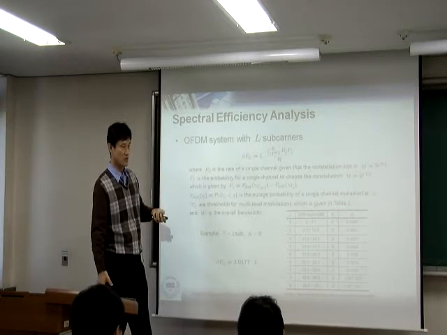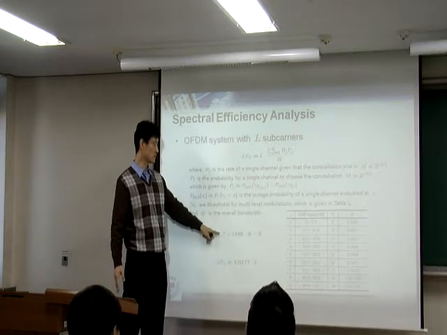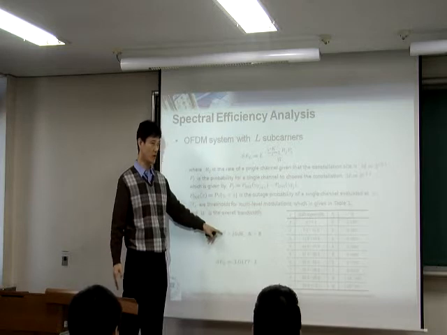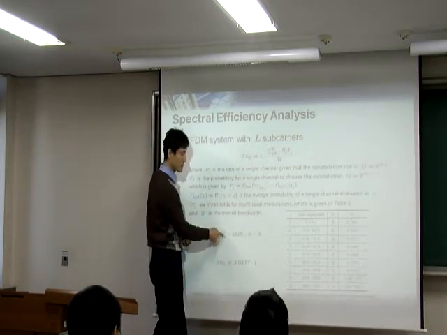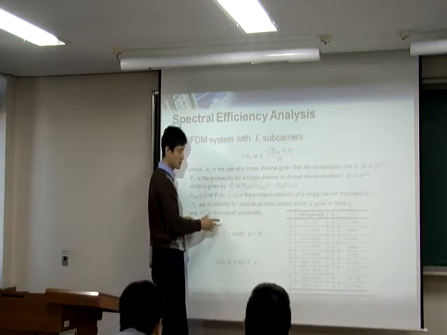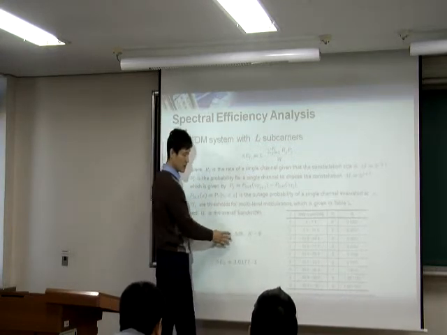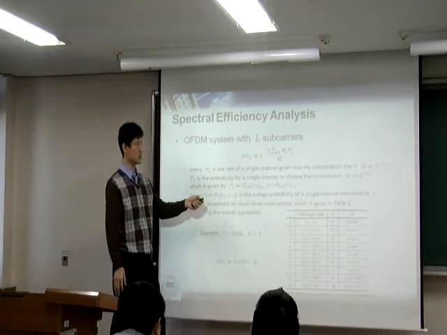A Rayleigh channel has only one parameter, gamma bar. So you define a gamma bar of your own. Then now you know this one. Now you have a complete picture of your fading profile, your Rayleigh fading, and then using this table, now you can calculate the probability.